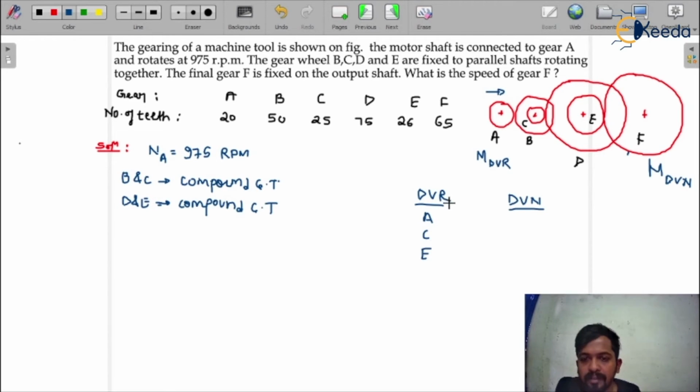So the drivers are A, C and E and the driven will be B, D and F.